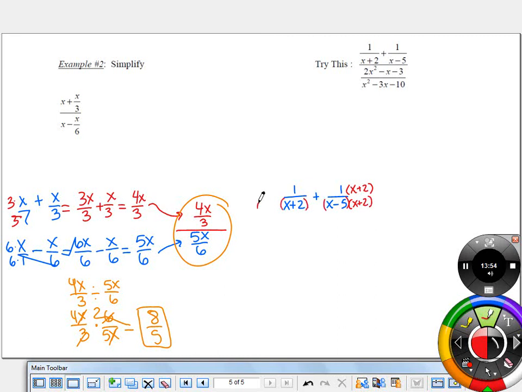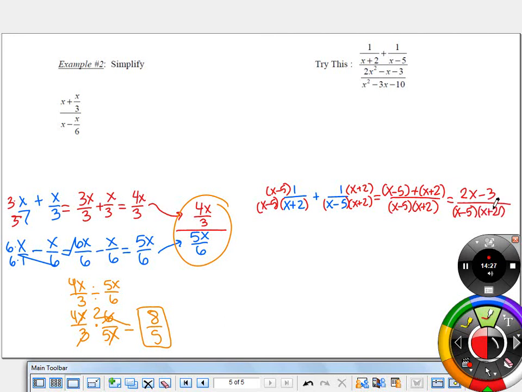And the first fraction needs a factor of x minus 5, which will give us a denominator of x minus 5 times x plus 2, and a numerator of x minus 5 plus x plus 2, and that's after those ones have been distributed. So I'll combine together those like terms, which will give me 2x minus 3 in the numerator, and my two factors, x minus 5 and x plus 2 in the denominator.